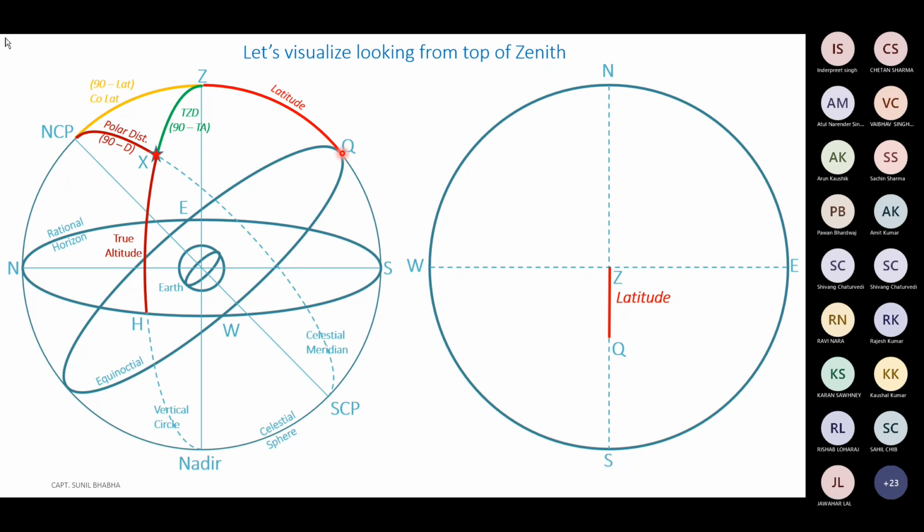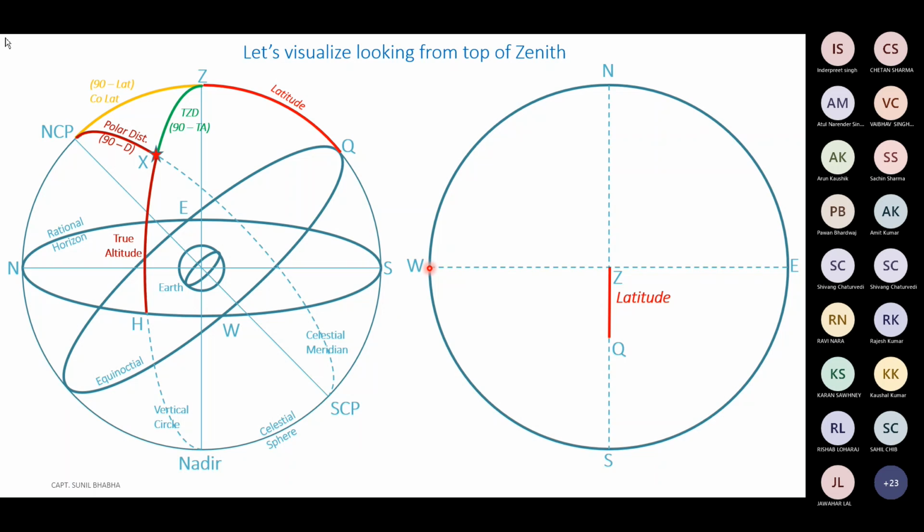Now, if you look carefully, from the Q point, if you join up the W point, W to Q, and moving further Q to E, this particular arc, E point to Q point to W point, represents the equinoctial. So we can also show the equinoctial in our rational horizon diagram now.